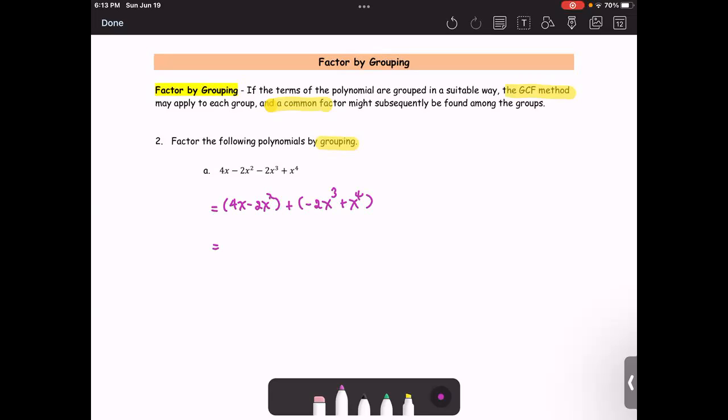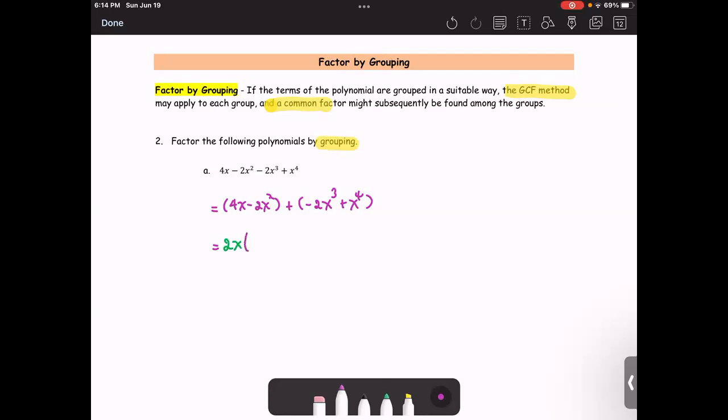For the first group, we have 4x minus 2x squared. For the numbers 4 and 2, the greatest common factor would be 2, so we take 2 out. And for the x, the lowest power would be x to the first. So we take the 2x out as the GCF of the first group.